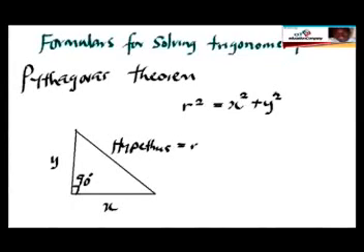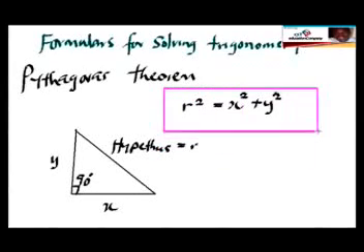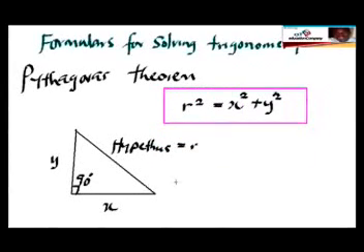I may just take a highlight here so you see what I'm talking about. So this formula is what you call your Pythagoras theorem. The moment you can identify that it's a right angle triangle, then you can either use the Pythagoras theorem to solve for that solution, depending on how the question goes, or you use your SOHCAHTOA, which is your cosine, sine, and tangent functions. Well, here let's see how we apply the Pythagoras theorem.